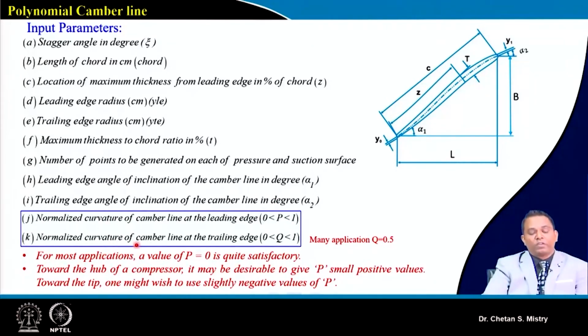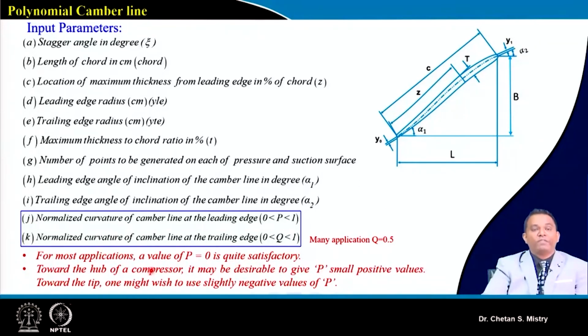In the same way, the normalized curvature of the camber line at the trailing edge, we call Q. Conventionally, Q has a value in the range of 0.5. For most applications, we are not considering camber, or we have only slight camber at the leading edge, and that's the reason why P equal to 0 is quite satisfactory.